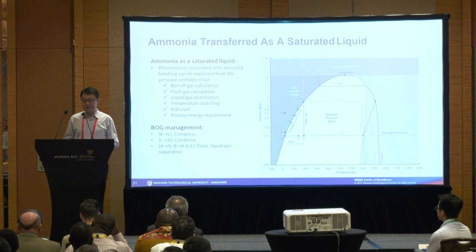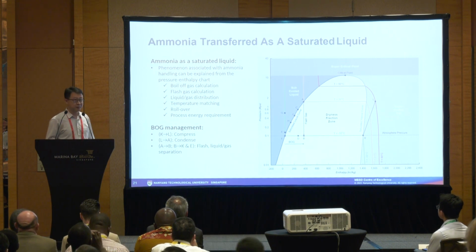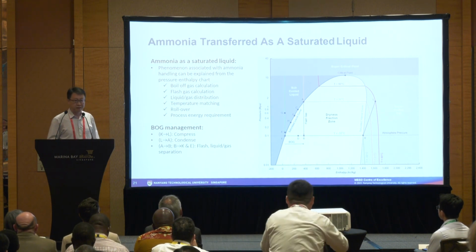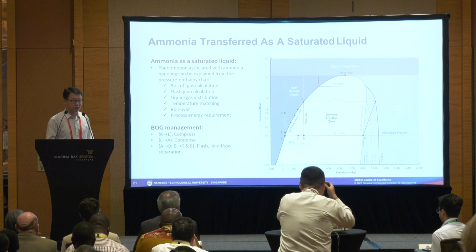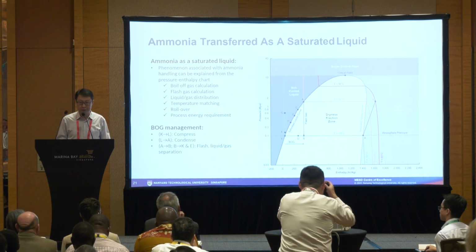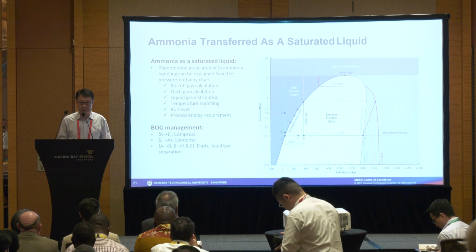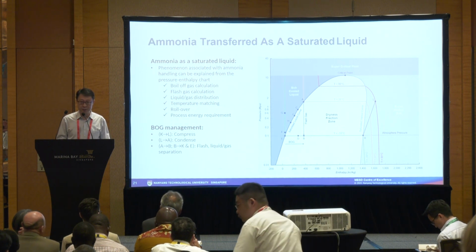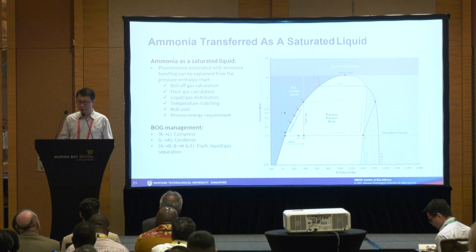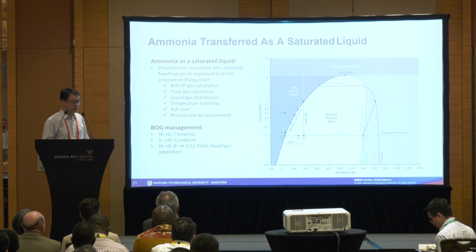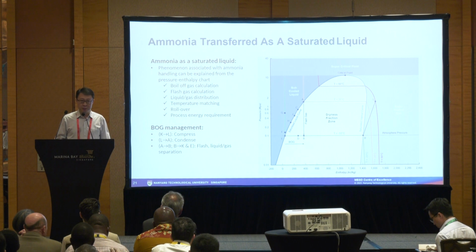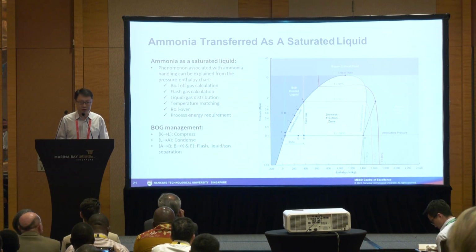All right, let's start from some very fundamentals about this famous chart when ammonia was used as refrigerant R717. And this pressure enthalpy chart actually gives you almost everything you need if you do ammonia bunkering, transfer, and boil-off gas management on board or on land installations.